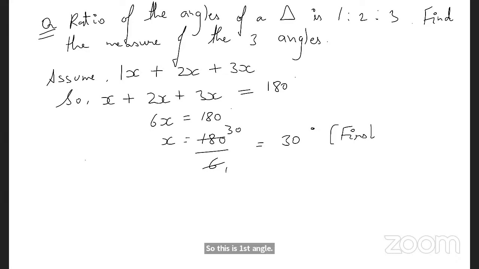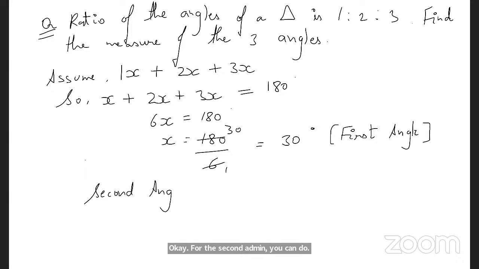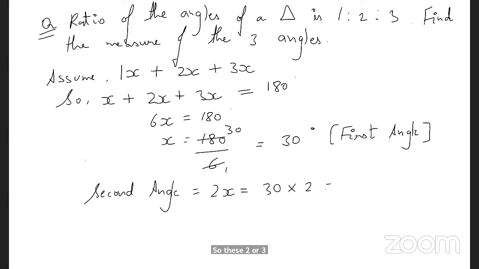For the second angle, we can do 30 into 2, right? Yes, 2x means 30 into 2, which is equal to 60 degrees.